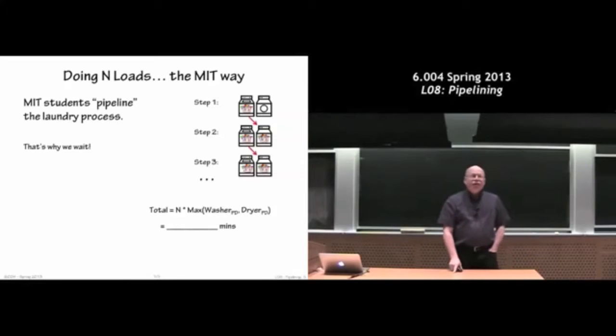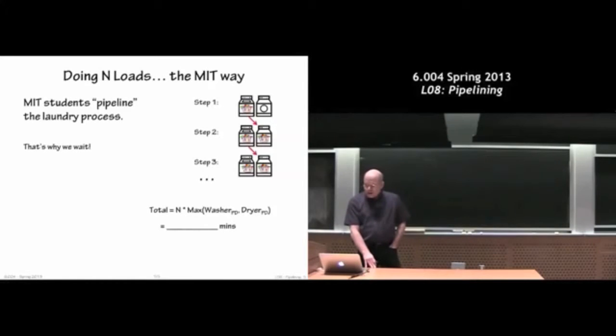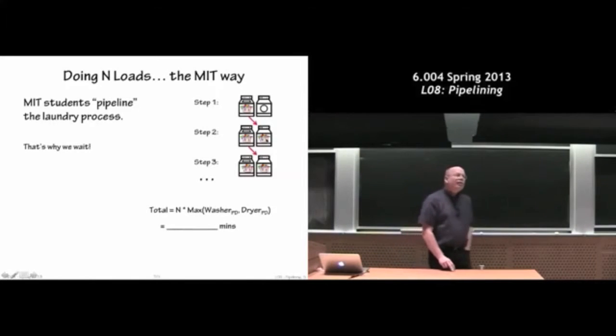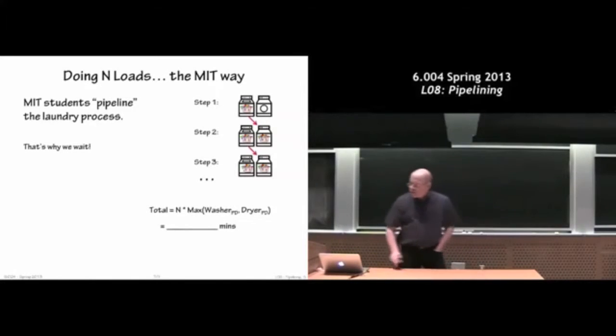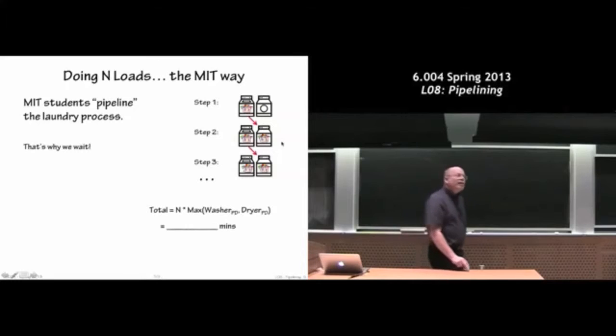And there's no reason for the first phase, the washer, to sit idle. You might as well stick another load in. And in fact, of course, around here, if you don't, somebody else will. So you want to keep these units busy. So this notion of pipelining the system allows some overlap in the processing of inputs. And in fact, at any given time, in the steady state, for instance, look at step 2 or step 3, you can see we have 2 things going on at once.